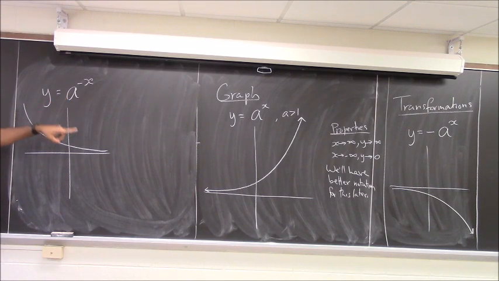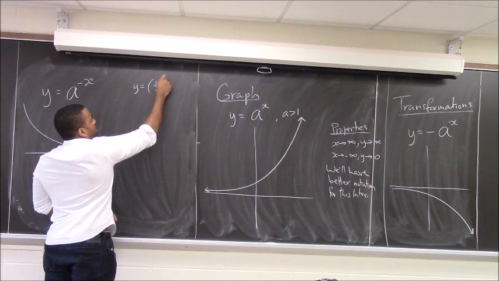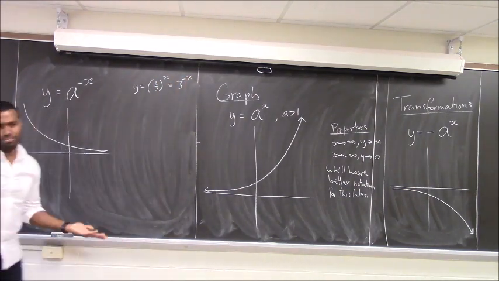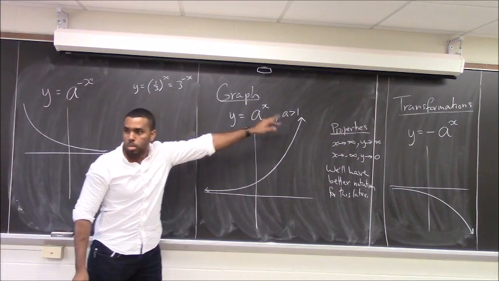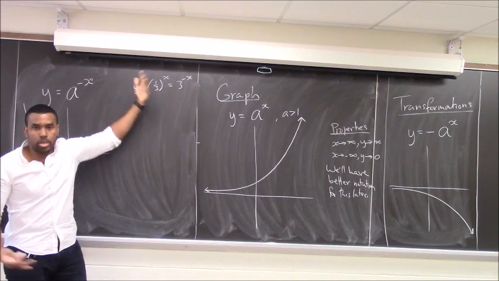This is why I said once we know about this guy, we don't have to worry about the other case. So let's say I had y is equal to 1/3 to the x. I can really just think of this as 3 to the minus x, right? So once I figure out what's going on for numbers bigger than 1, numbers less than 1 aren't a problem, because I can write that as 1 over something bigger than 1.